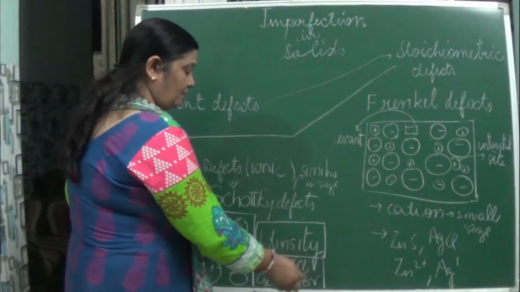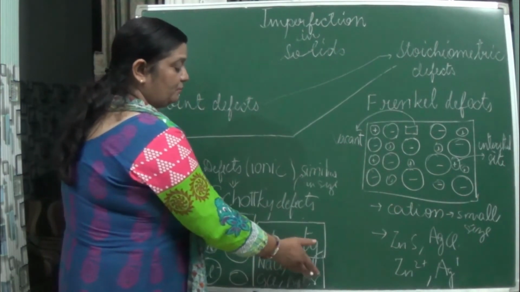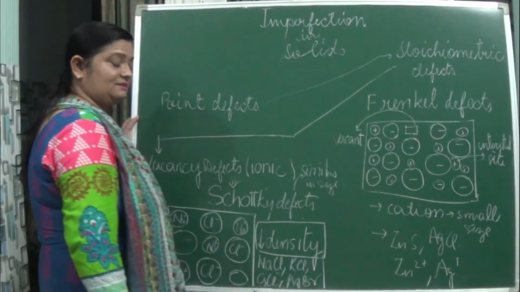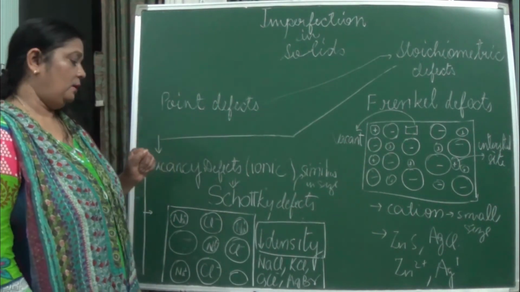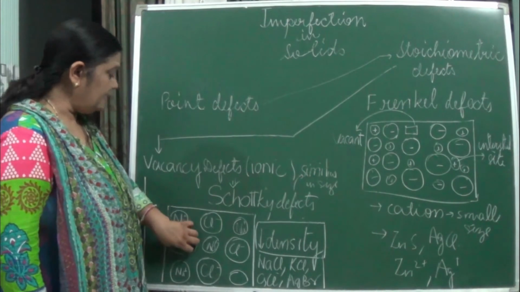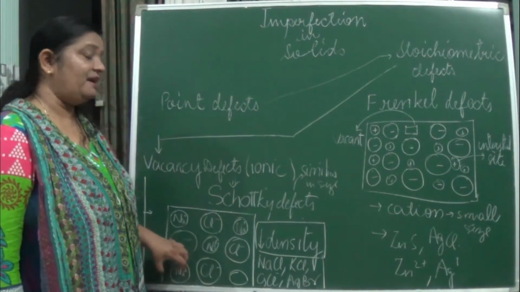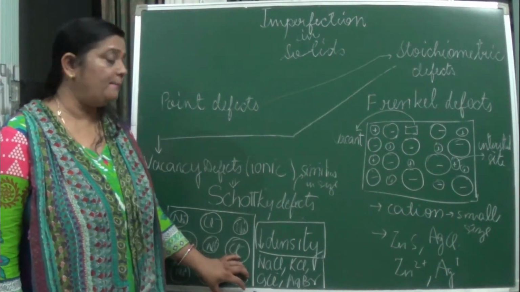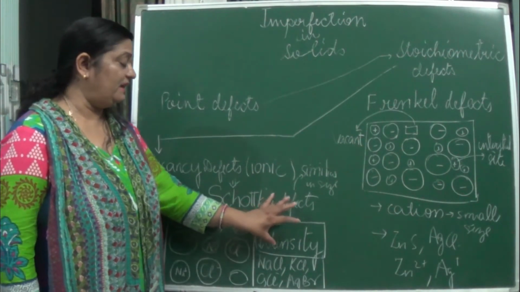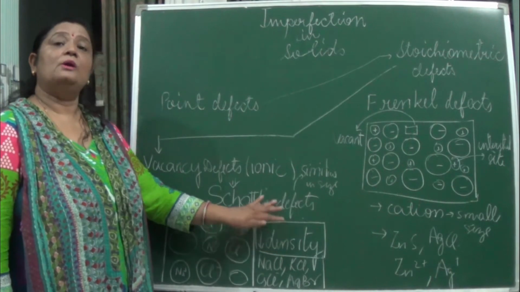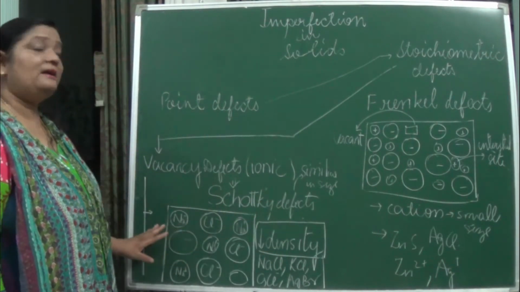Potassium chloride, NaCl, cesium chloride. Here the size is similar. But as there is a vacancy created here, naturally its mass will become less. As a result, it will create low density in that ionic solid.